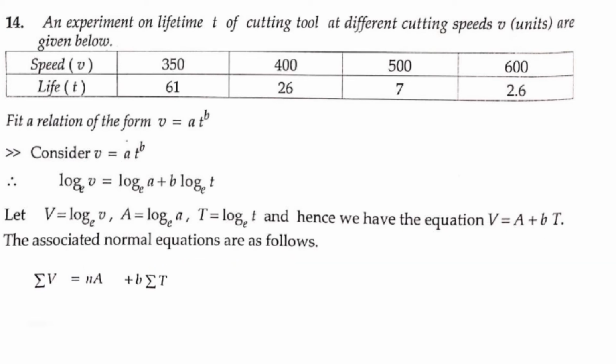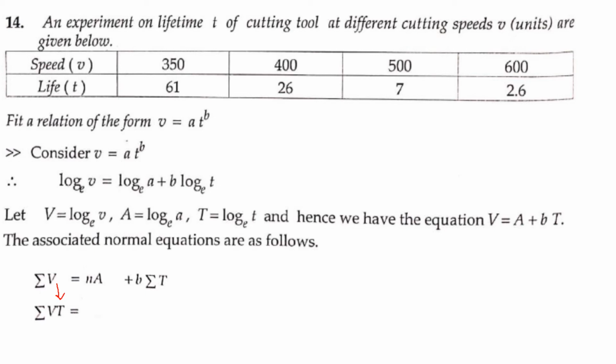Once you write the first equation, it is very easy to write the second equation. Just multiply the independent variable, that is T. Usually we multiply by x. Here the independent variable is T, so we multiply by T. So it becomes summation VT.